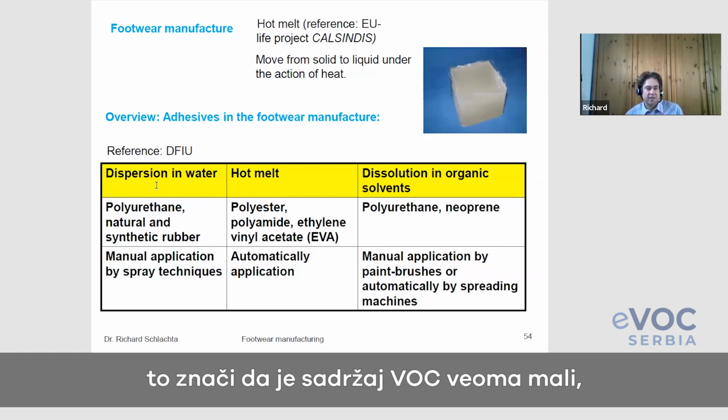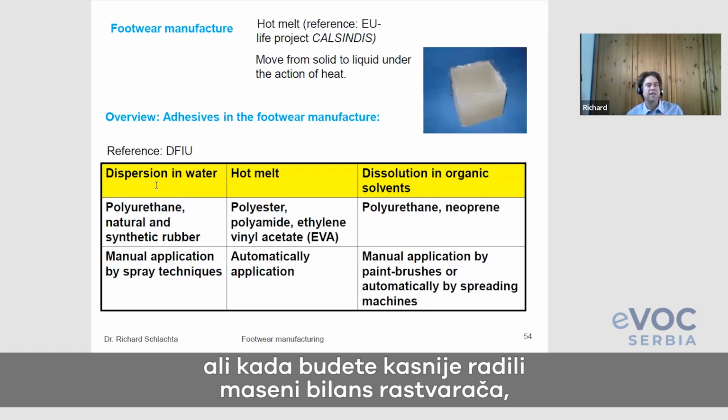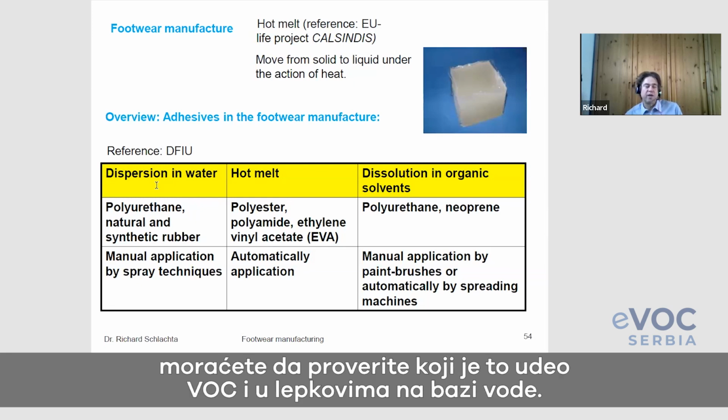Water-based means maybe the VOC content is very small, but if you do your solvent mass balance later, you have to check if maybe there are some parts of VOC even in water-based adhesives.